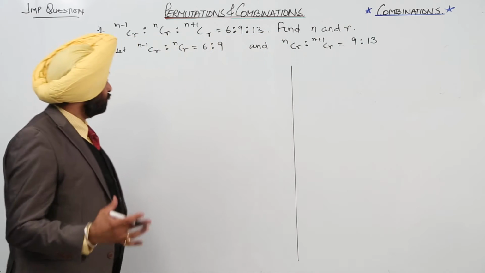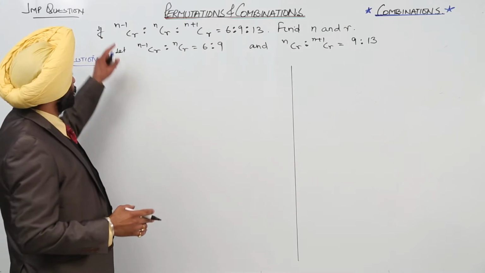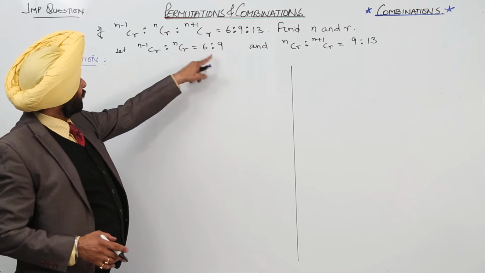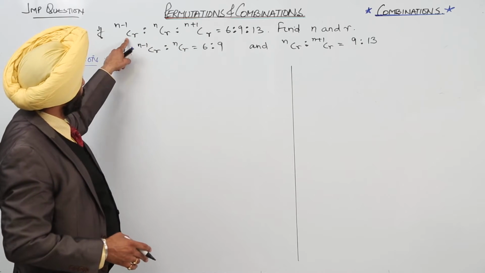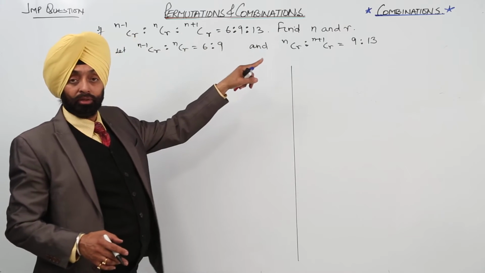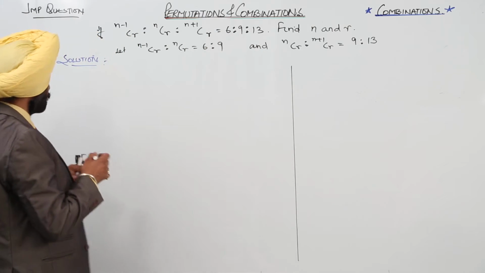Or, as you wish, you can write n minus 1 CR ratio nCr is 6 ratio 9, and then n minus 1 CR ratio n plus 1 CR is 6 ratio 13. You can solve that also.